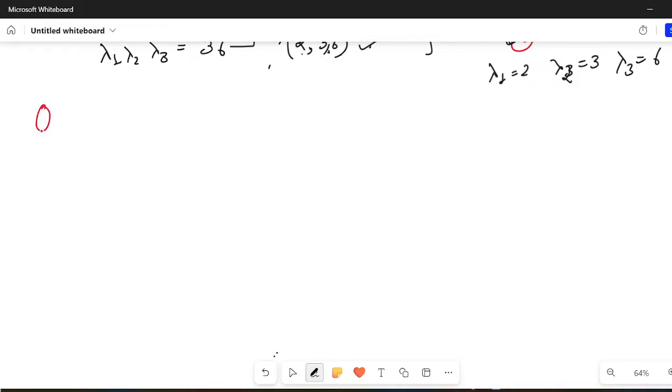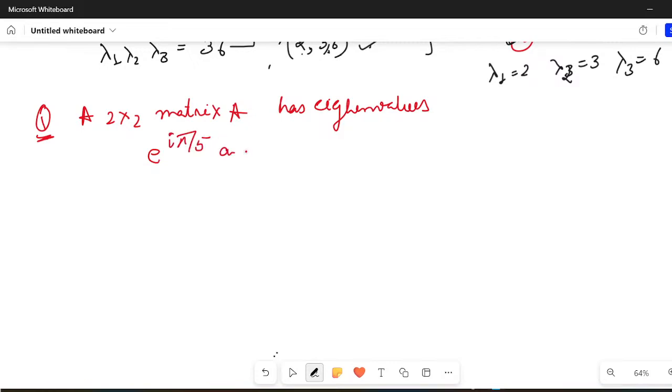Okay, so the question says that a 2 cross 2 matrix A has eigenvalues e raised to power iota pi over 5 and e raised to power iota pi over 6. So these two are your eigenvalues.